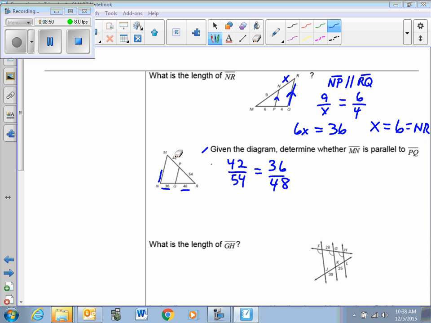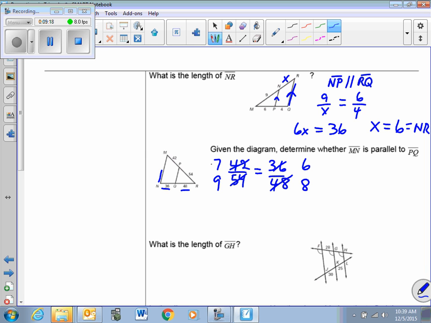So let's simplify that and see if those two things are equal. I've got to simplify both of these. Let's see, what goes into both of these? 6 will go into 42 7 times. 6 into 54 is 9. 6 goes into 36 6 times. 6 goes into 48 8 times.